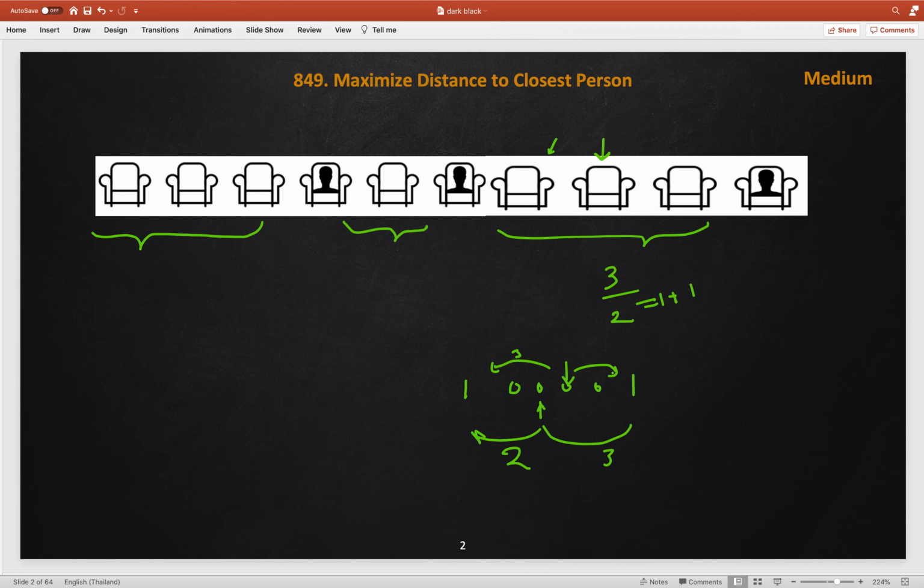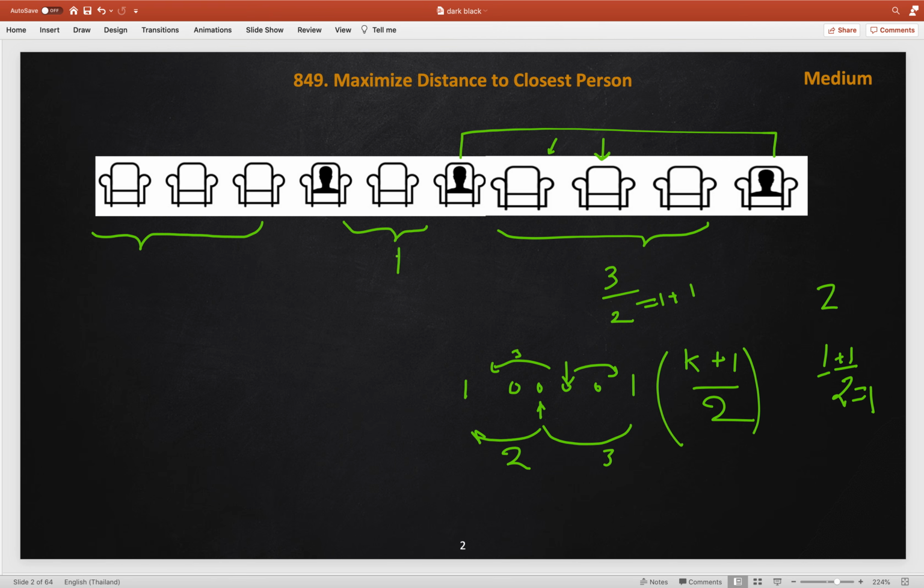So how can we say that if there are k consecutive zeros in between two persons, then the distance is (k plus 1) divided by 2. So if 3, then (3 plus 1) divided by 2, which is 2. If it is 1, then (1 plus 1) divided by 2, which is 1. So at this place we have distance 1, at this place we have distance 2.